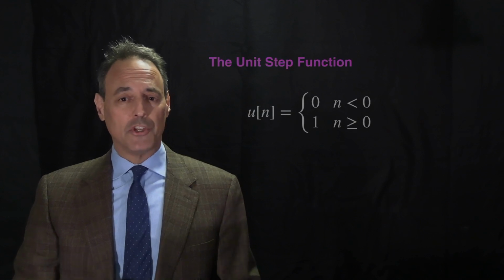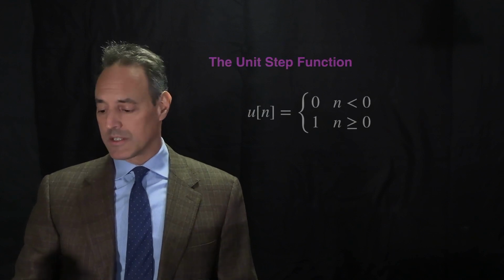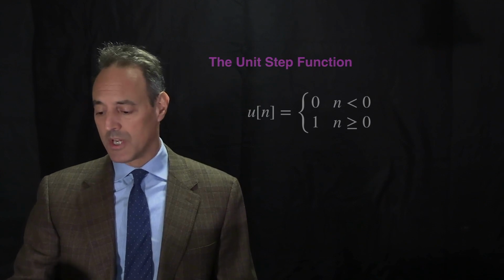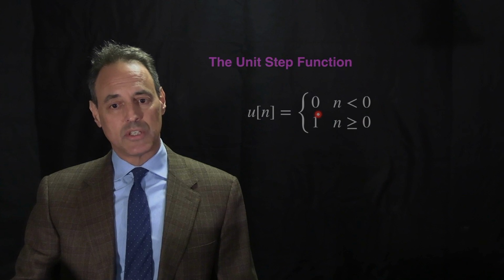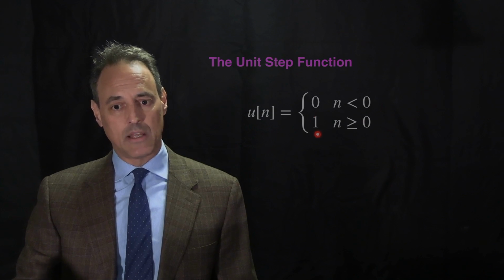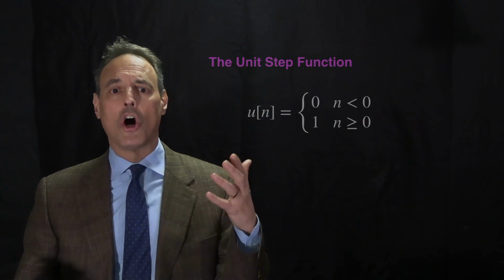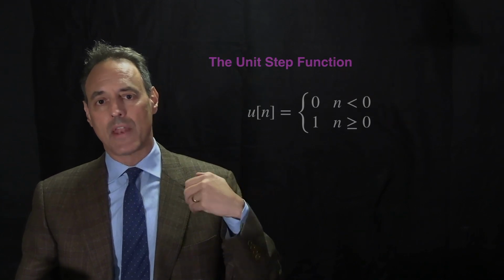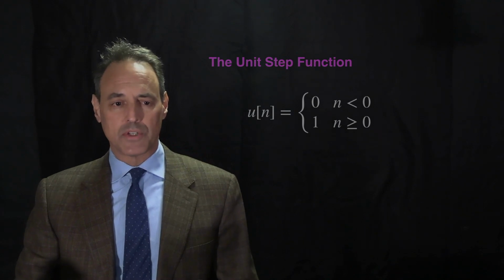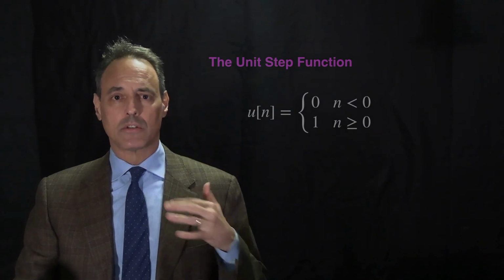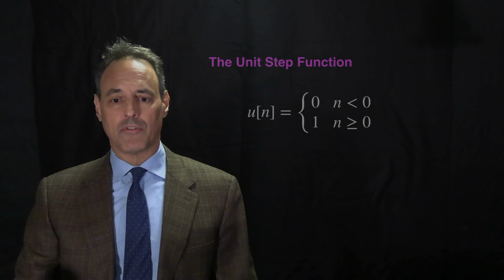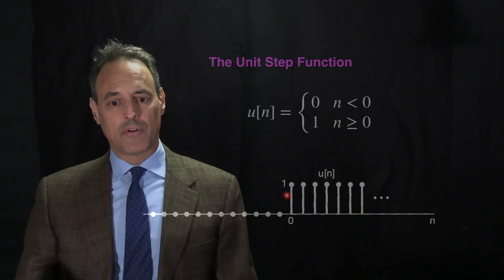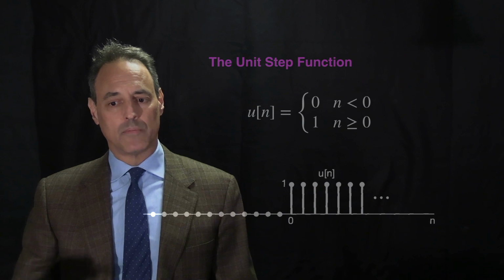All right, the unit step function is a little different than the Dirac delta, which is u of n, which is 0 if n is less than 0, and 1 otherwise. This is like an on switch. So before n equals 0, there's nothing there, and then as soon as n is equal to 0, this thing comes on and starts to produce some kind of interesting phenomena. So here, again, it's off, and then it is on. Okay?